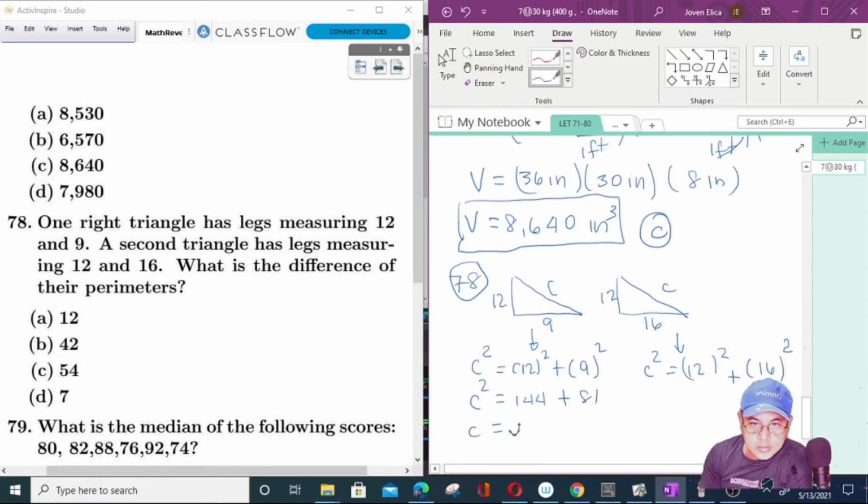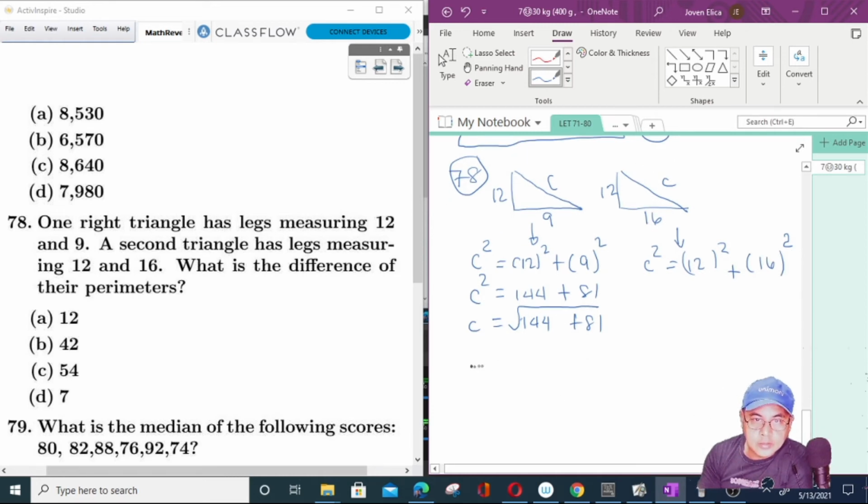So C is the square root of 144 plus 81. The value of C for triangle 1 is 15. So this is equal actually to the square root of 225.